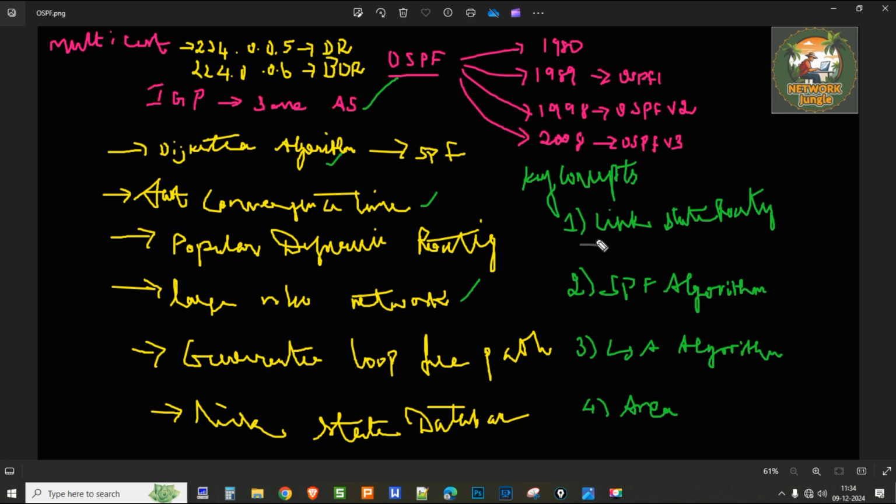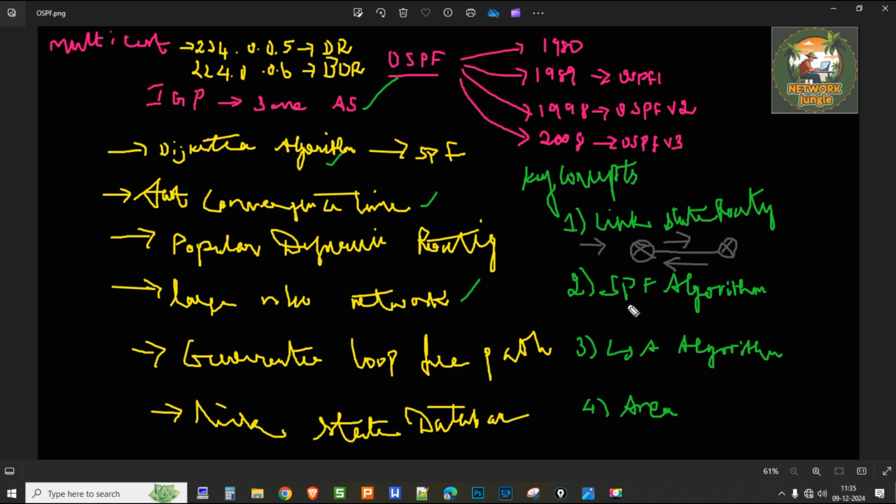Link state routing means each router has a complete view of the network topology. It can share information about the directly connected networks in the same autonomous system. After configuring the dynamic protocol, routers can share the routing information.